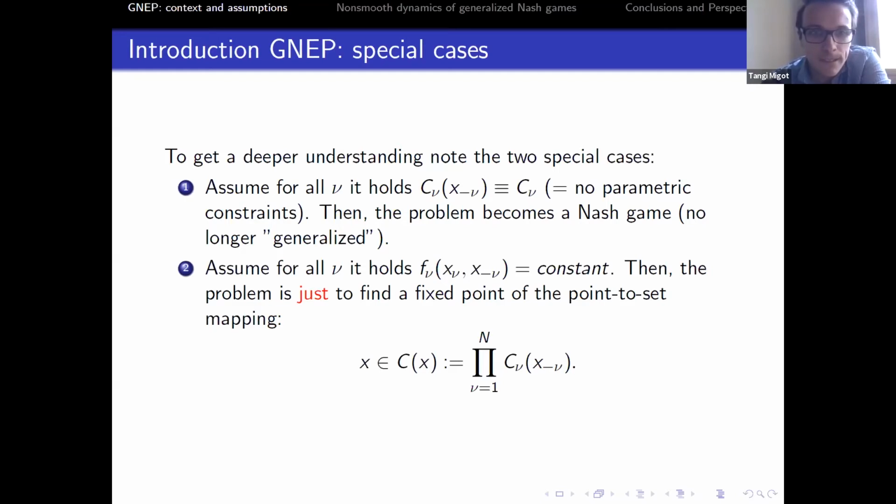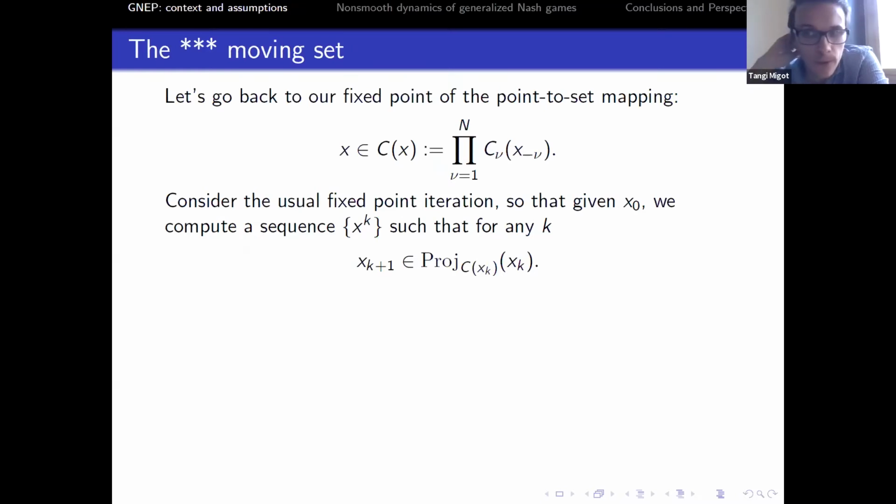Okay. And to say more about this, really one of the difficult things here is to find a fixed point of this point-to-set mapping. And just as an example, what would happen if we want to build the classical fixed point iteration? Okay, so if I'm computing a sequence xk, such that xk plus 1 is just the projection of xk over C of xk.